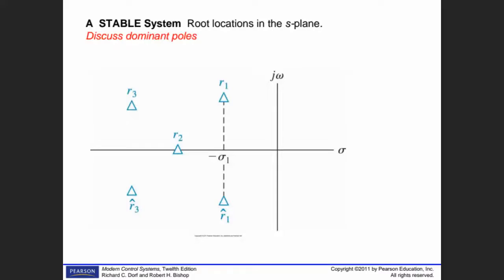Let me draw with another color. One of the poles is located here. The other one is located there. So your poles are located on the j omega axis. You remember that if poles are located on the j omega axis, you are going to get a sinusoidal output.